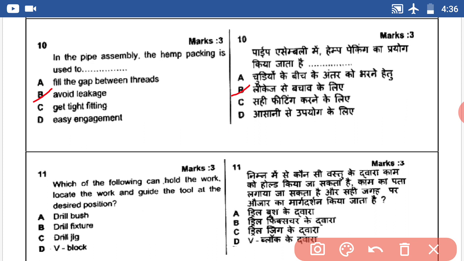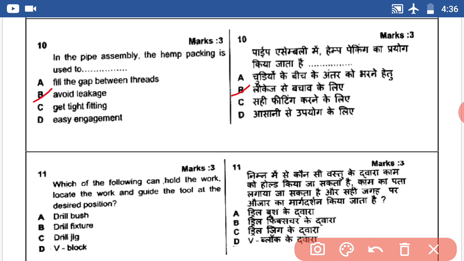Question number 11. Which of the following can hold the work, locate the work, and guide the tool at the desired position? This question's answer: drill jig.